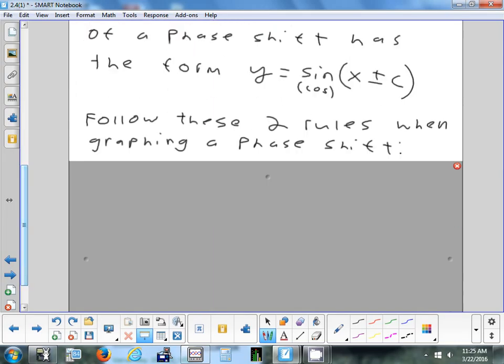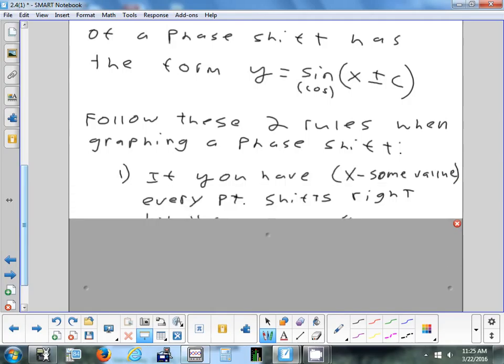All right, so out of the 4 transformations, there's 2 of them that do exactly what you would think, and there's 2 of them that do the opposite of what you would think. Phase shift is one of the transformations that does the opposite of what you would think. And if you follow these directions, that's all you have to worry about.